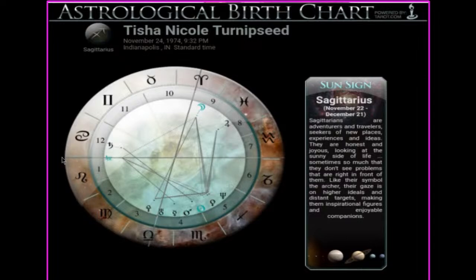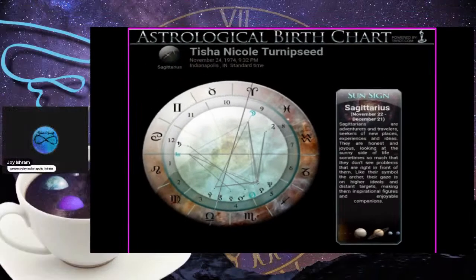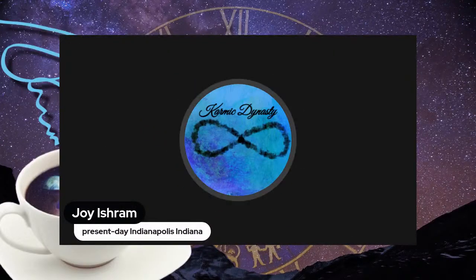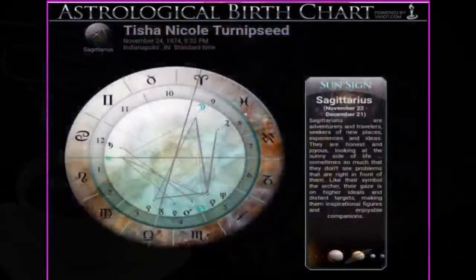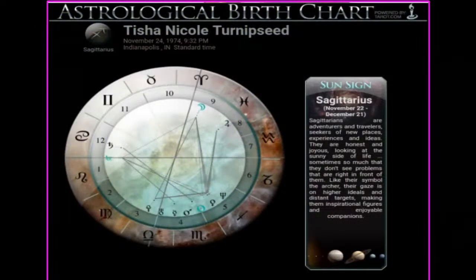For those of you who don't know, her name is Joyous Ram. That's for social media purposes. My name, as you see on the screen, is Tisha Nicole Turnipseed. That's my birth name.